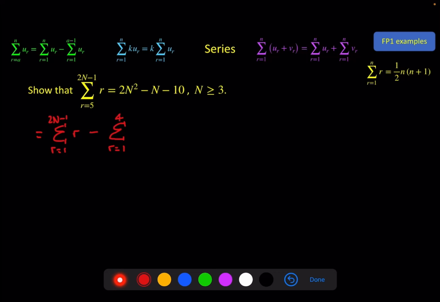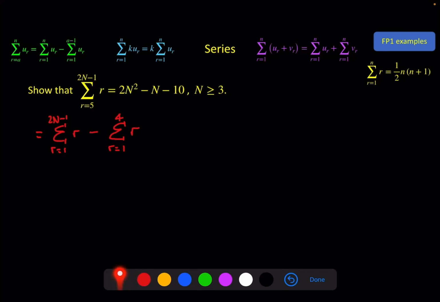Not 5, it's a common mistake to put this number here, but we want 5 included in the sum. And this is going to take out all of these terms. So I want to take out the first 4 terms, and I want to leave the fifth term in. And that is still r.